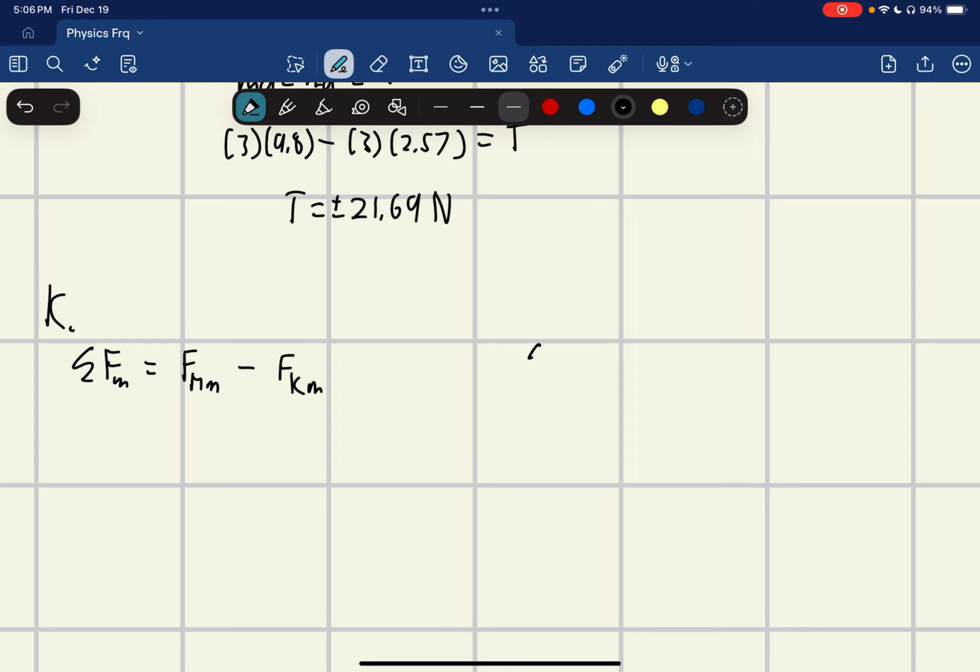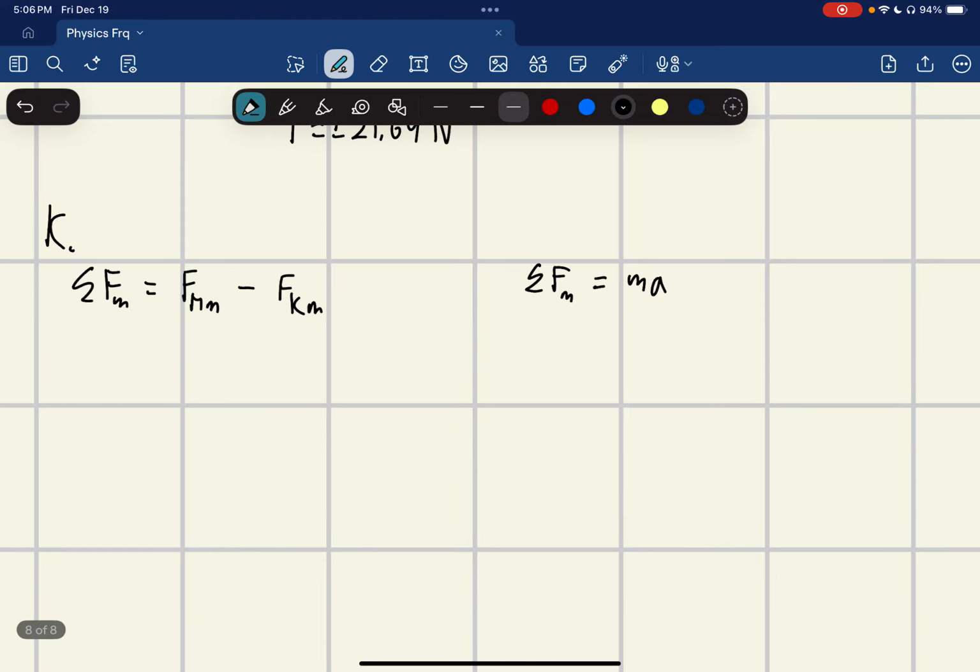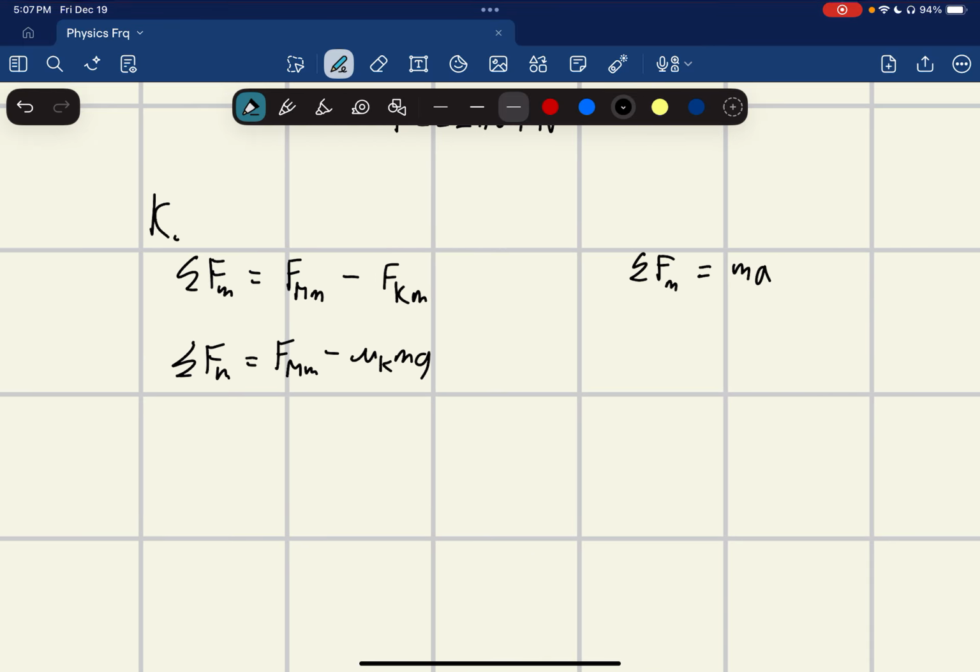We also know that net force of little m is equal to little m times A. And then looking back at the other equation we set up, we can expand that to make the friction equal to mu k and then little mg, because when we were finding acceleration, I think, or tension, we established that is what FKM is equal to.